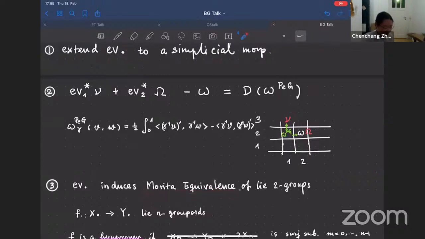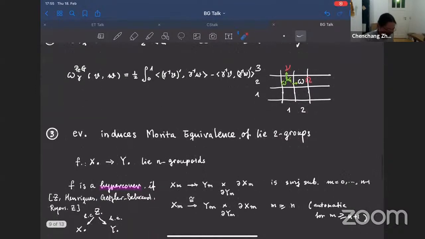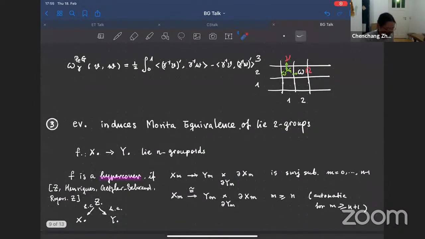So it introduces actually a Morita equivalence between these two Lie groups. Let me just mention there is also Morita equivalence between higher Lie groups that one can use. It's actually not so hard.